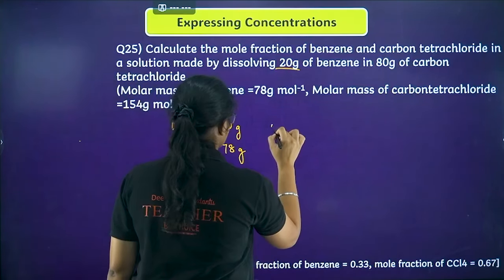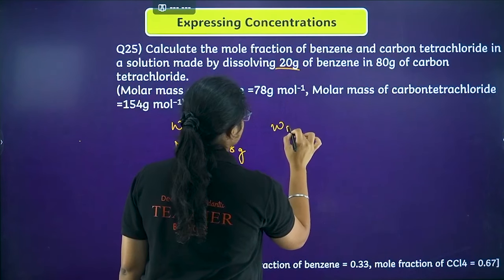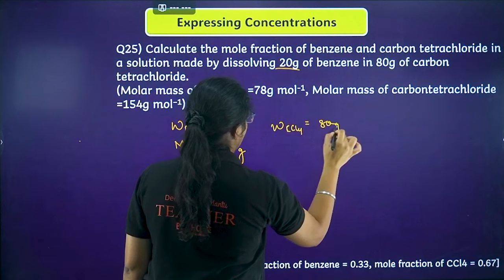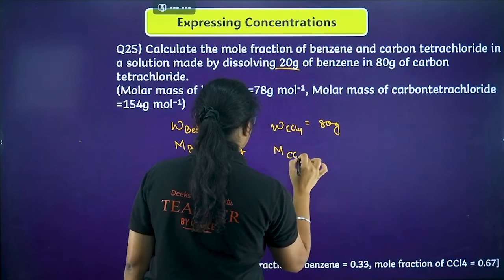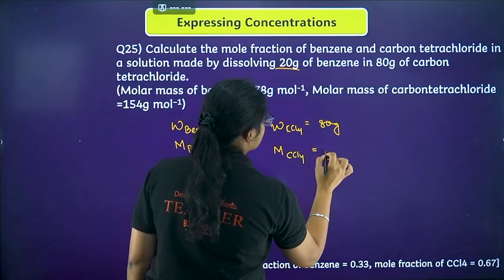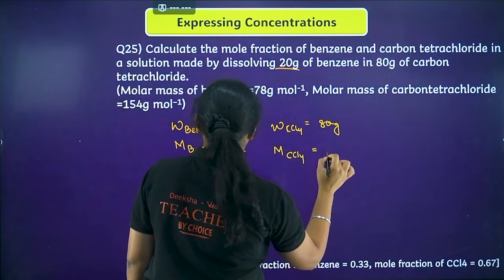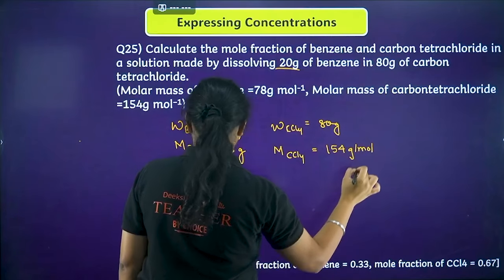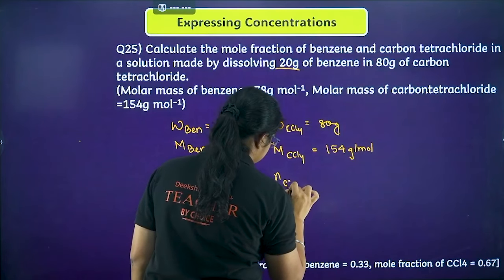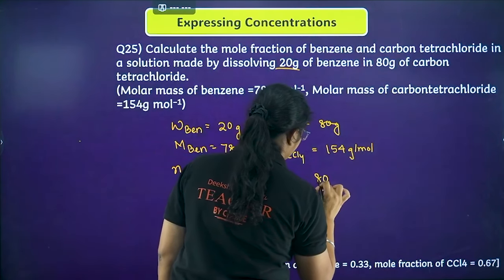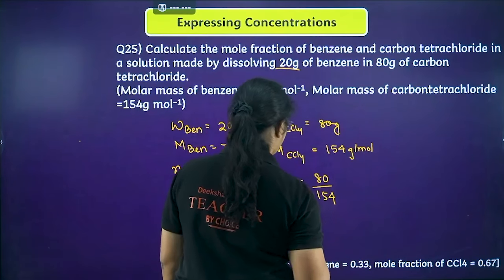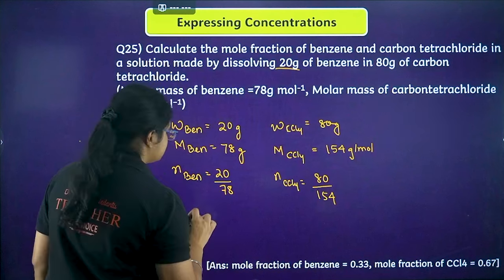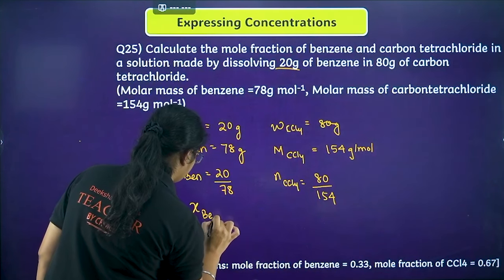Now here we have W of CCl4, carbon tetrachloride, that is 80 gram, and the molar mass of carbon tetrachloride is 154 gram per mole. Now the number of moles of CCl4 is equal to 80 by 154. Now let's calculate the mole fraction of benzene.